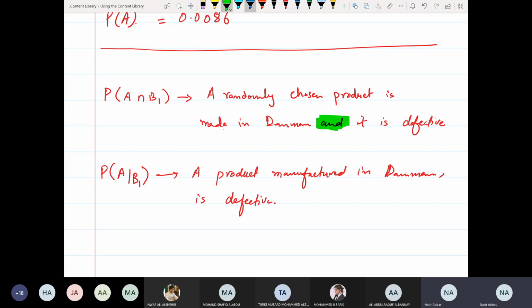There is event B1, made in the MOM, and there is event A, and you're interested in both of them, B1 and A. On the contrary, in the second statement, your interest is in defective, while you know the manufactured item is from the MOM.